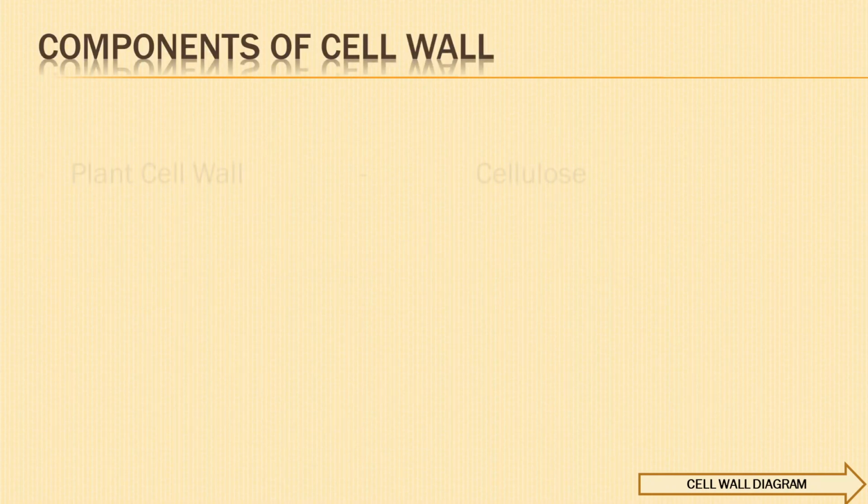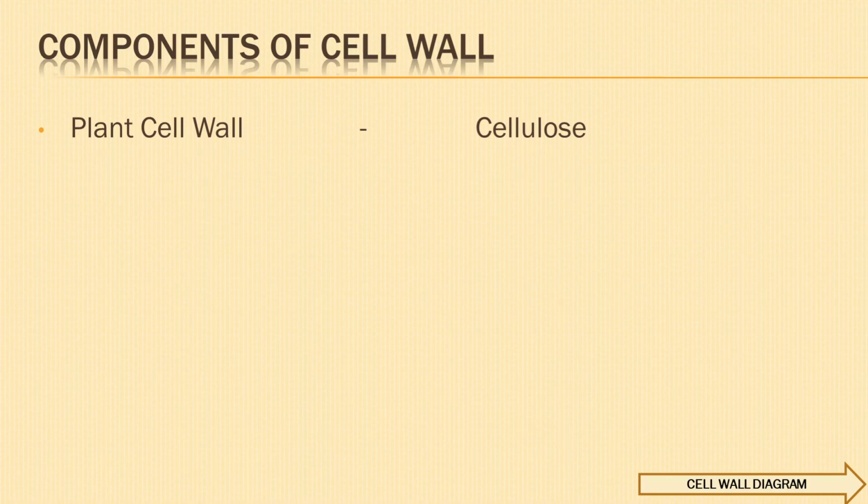The cell wall of plant cell is made up of a fibrous polysaccharide, namely cellulose. What do you understand by the term polysaccharide? Polysaccharides are complex carbohydrates made up of hundreds or thousands of simple sugar units.